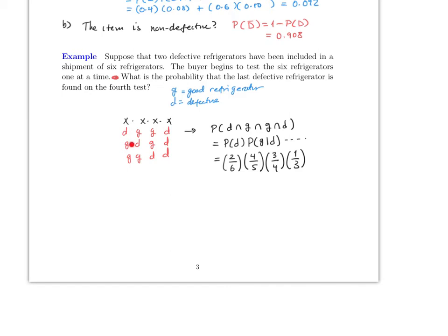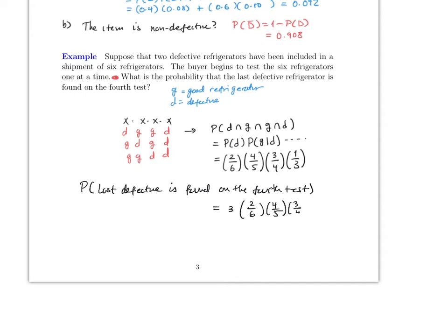Right, also notice that the probability for this one and this one are identical to this. So technically you have this 3 times. So therefore the probability that the last defective is found on the 4th test will be equal to 3 times 2 over 6 times 4 over 5 times 3 over 4 times 1 over 3.